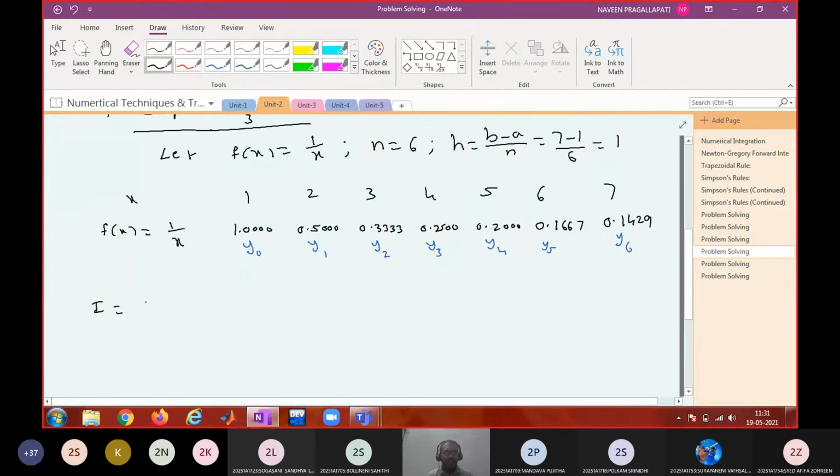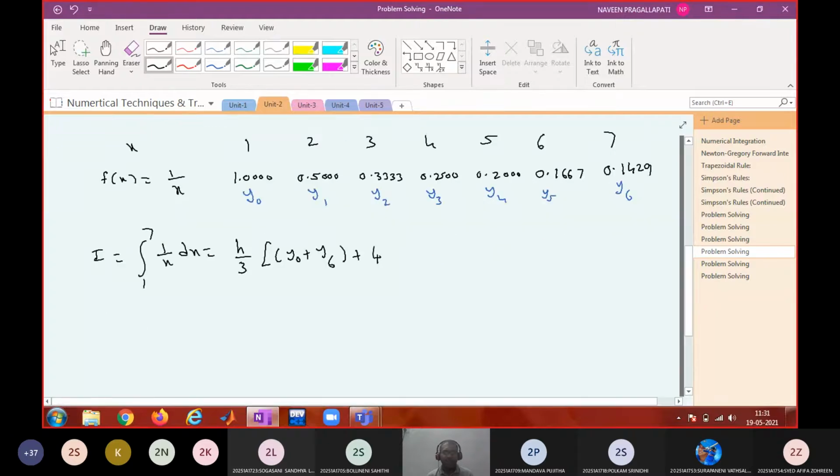I equals the integral from 1 to 7 of 1 by x dx, equals h by 3 into y0 plus y6, plus, you remember, 4 times the odd ordinates, so 4 times y1 plus y3 plus y5, plus 2 times y2 plus y4. y6 you cannot write again because it is already written.